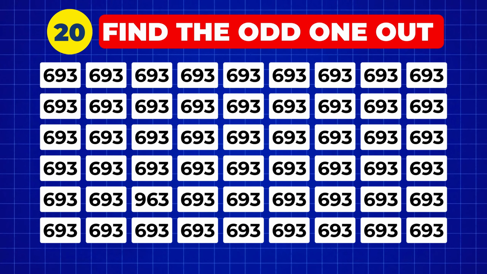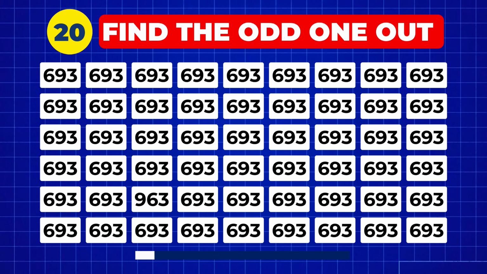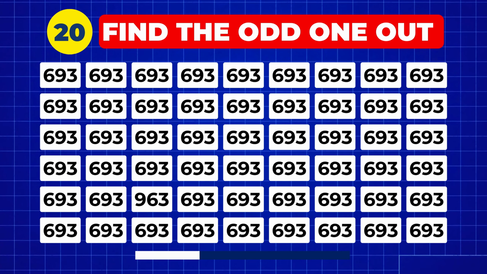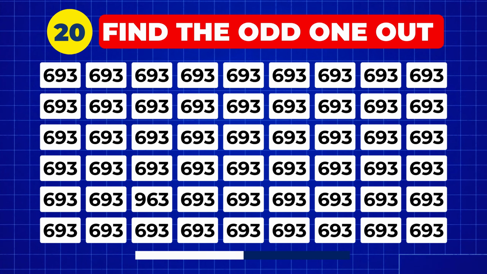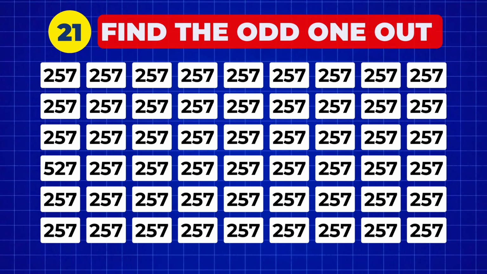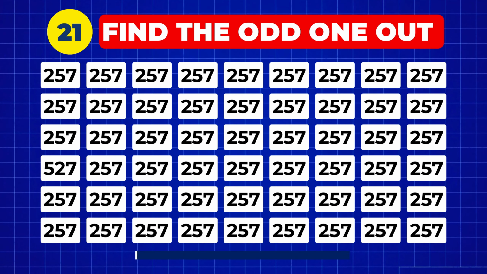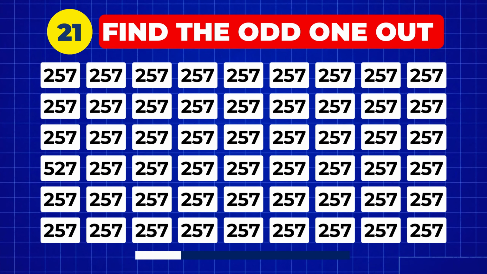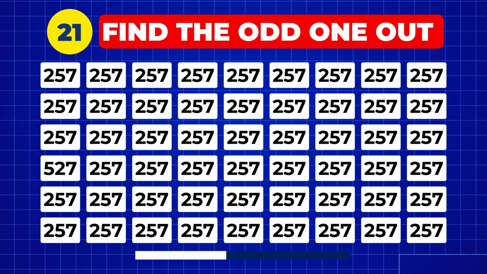Puzzle number 20. Find the odd one out. 5 to 7.